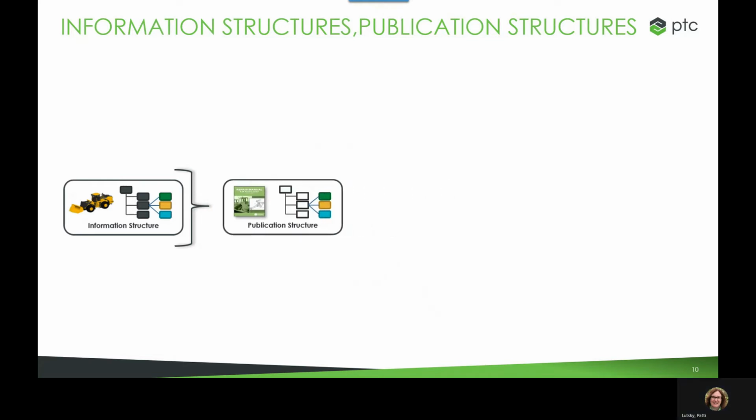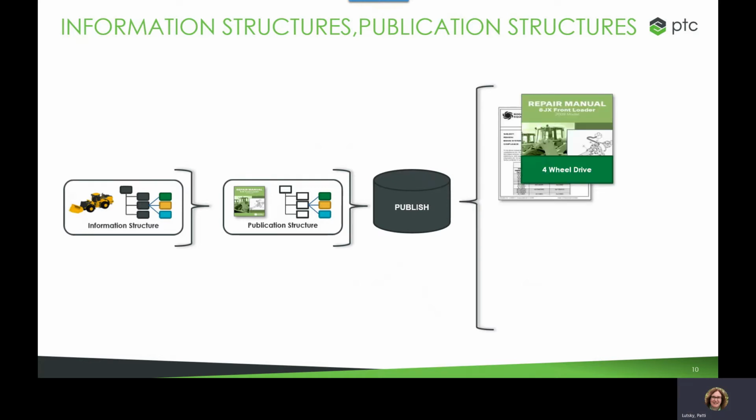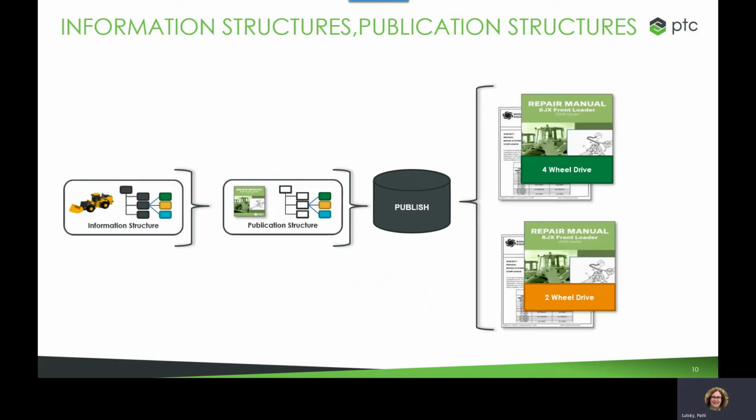And then take the publication structure, send it to Arbortext publishing engine to publish it, and create your two PDFs, in this case, the two repair manuals, four-wheel drive, two-wheel drive. Of course, you might only have one PDF output. But that's the very high-level overview of what I'm talking about when I'm referring to information structures and publication structures.